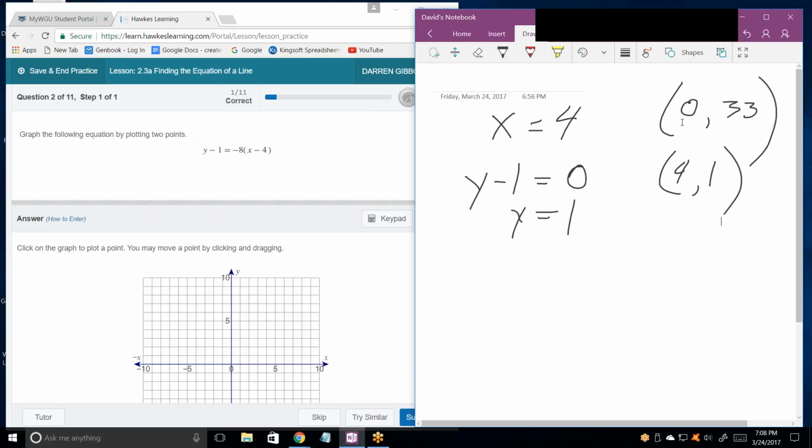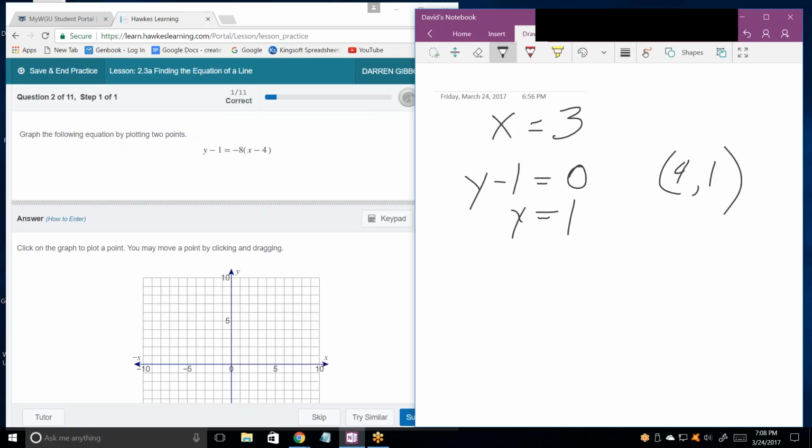I cannot plot the point (0, 33) on this graph. So make up another point. They only made the y-coordinate go up to 10. So I need to figure out another value for x that will allow me to have a y value that's less than 10. Well, how about 3?